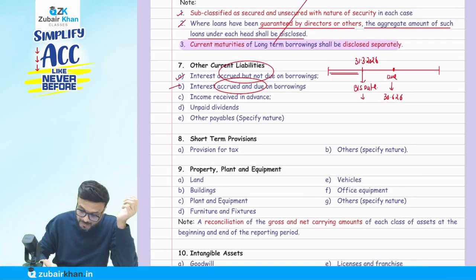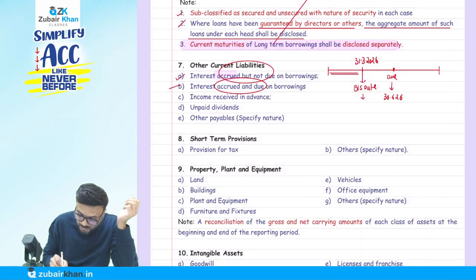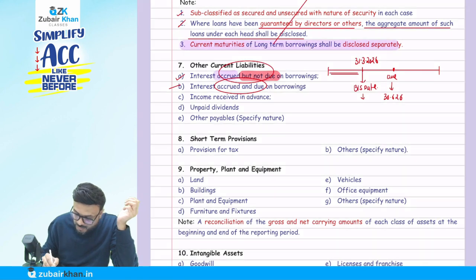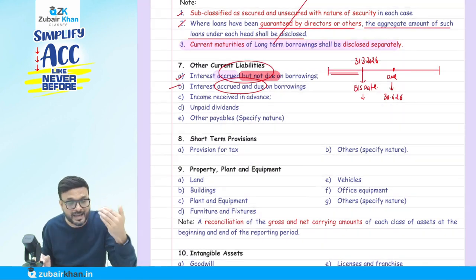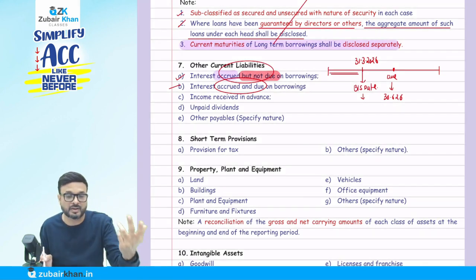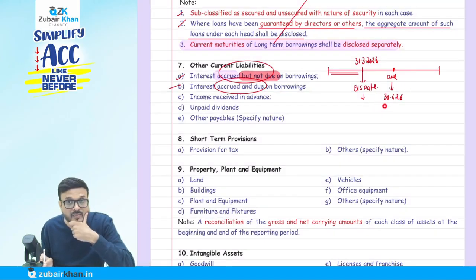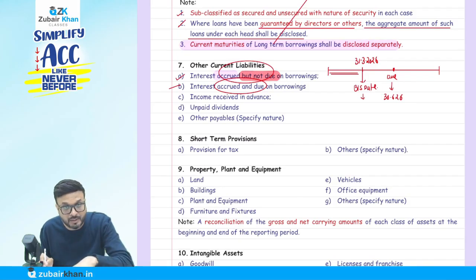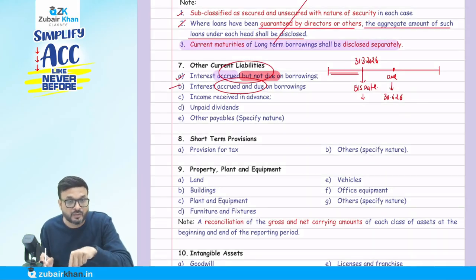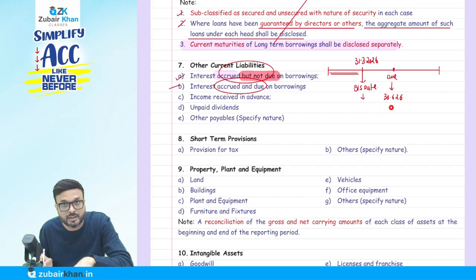So here, interest has accrued, but it is not yet due, because it is going to be due on 30th of June, when the bank, on the basis of the terms and conditions we have with them, tells us to pay.